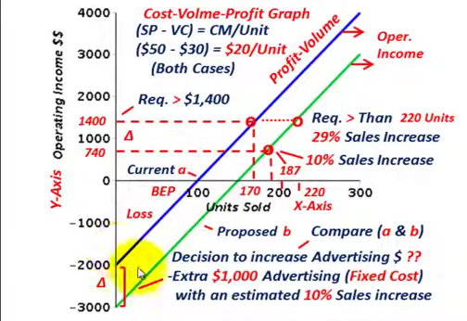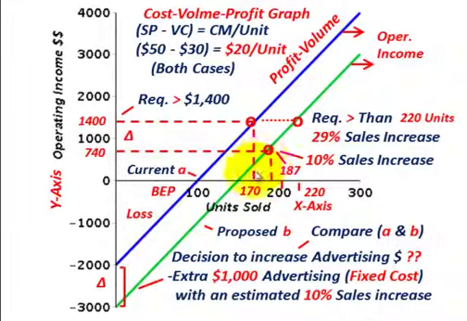We have to cover that $3,000 in fixed cost, and that's actually going to be 150 units. That's simply taking the $3,000 in fixed cost divided by the contribution margin per unit of $20. That's going to give us 150 units for a break-even point.